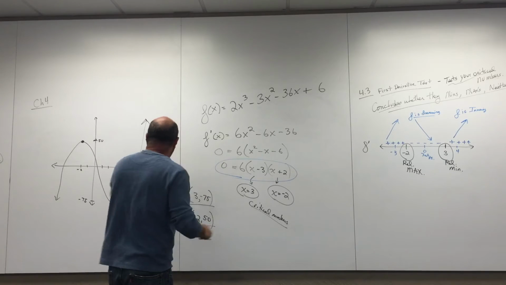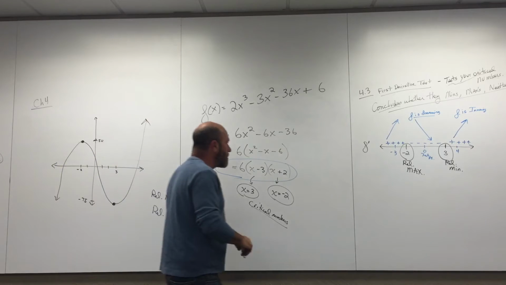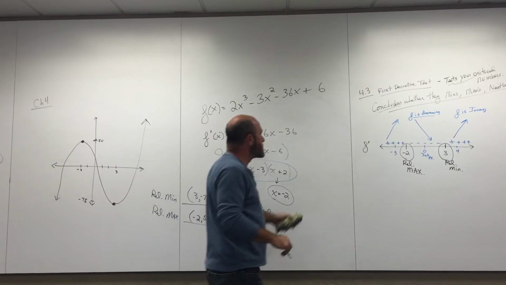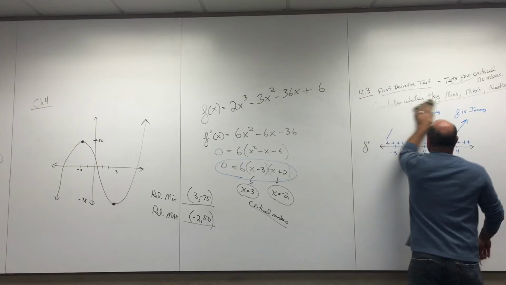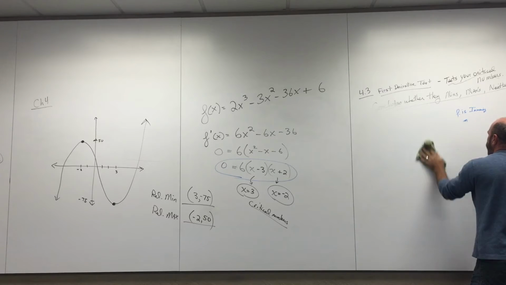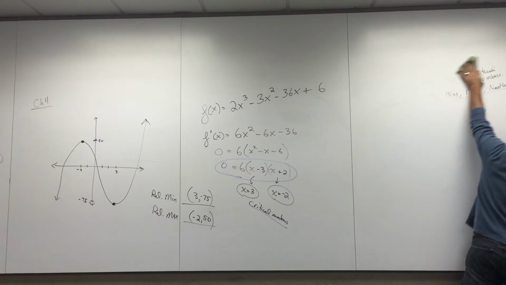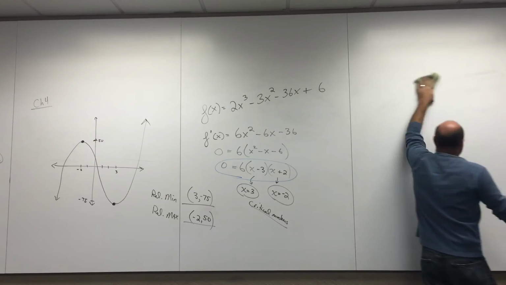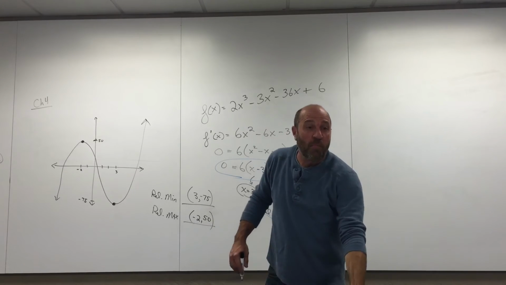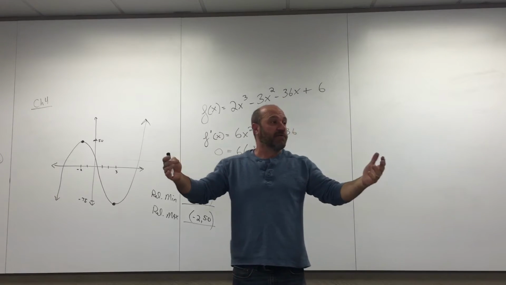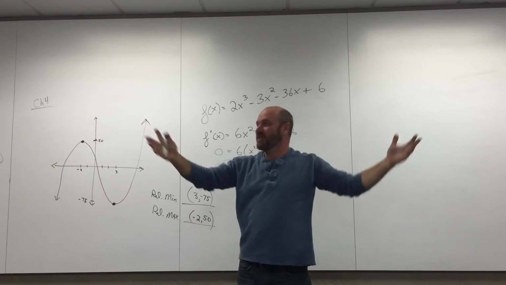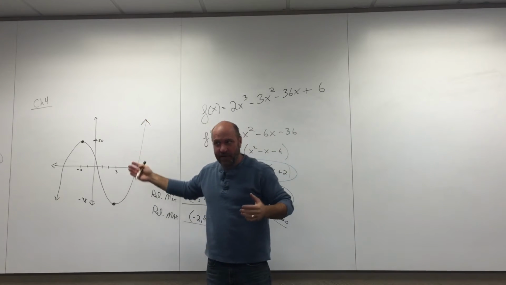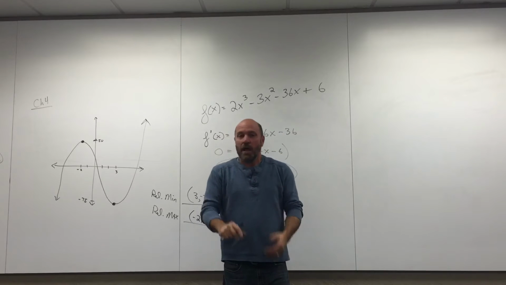What's funny is in 4.1, I'm trying to help you with your homework because it's a little strange sometimes. I think in 4.1, the big idea is find some critical numbers: the definition of a critical number, and how do you find critical numbers.